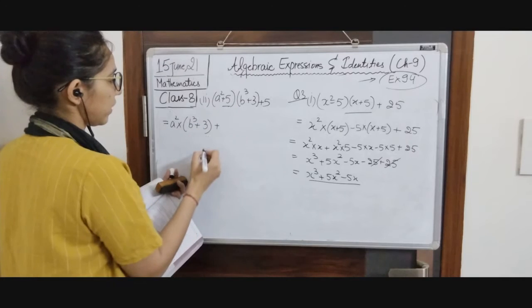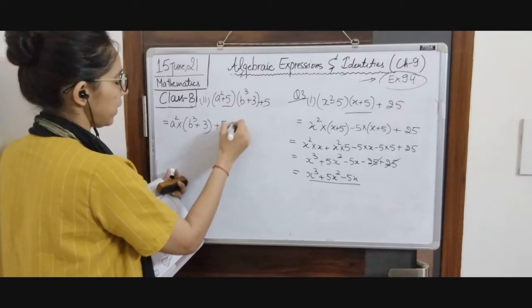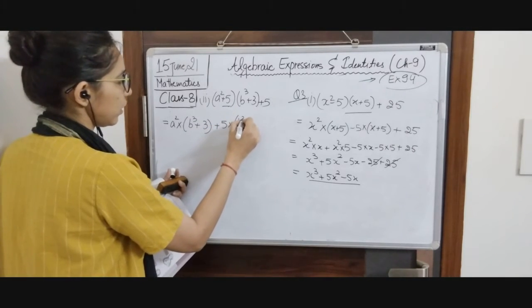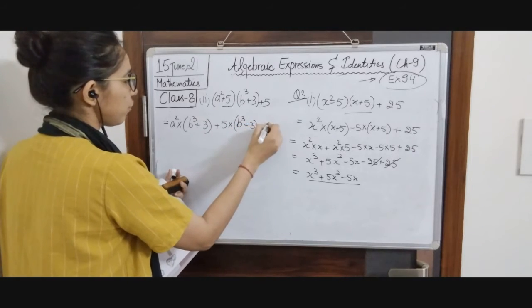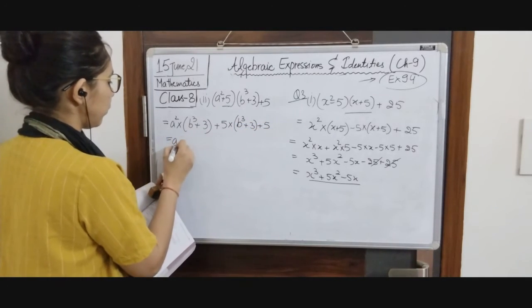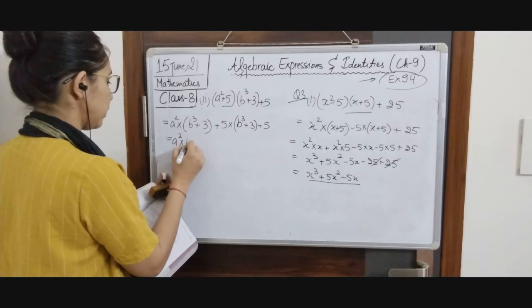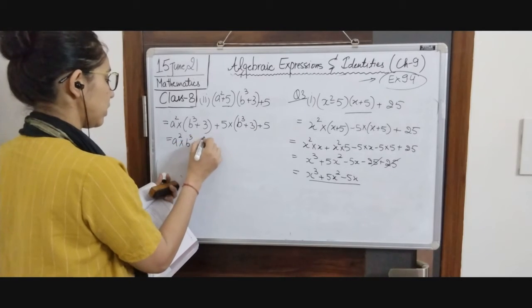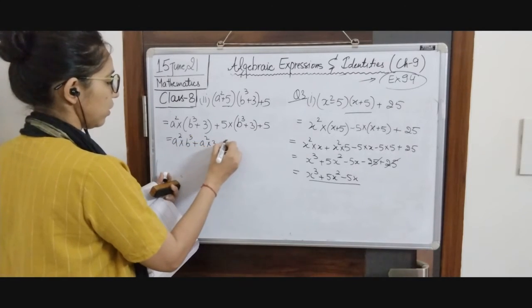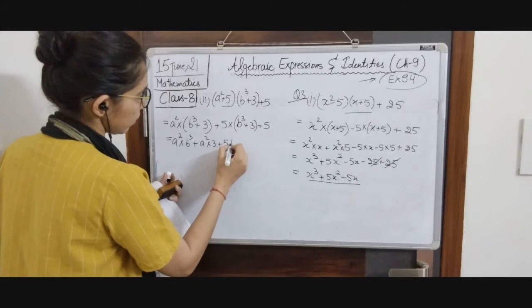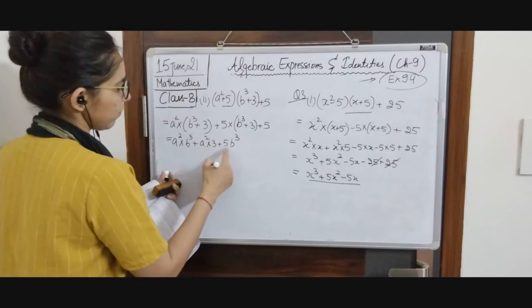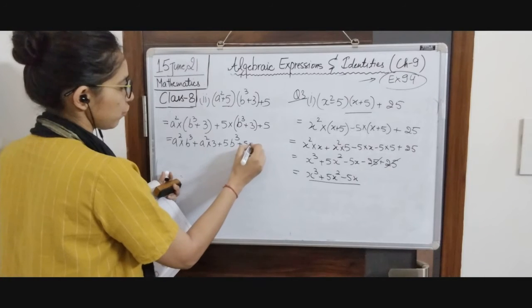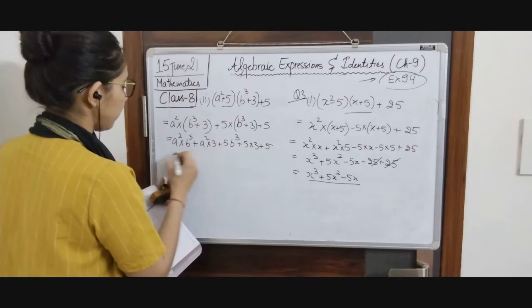Then use the second term of the first binomial, multiply it with the second binomial and add 5. We are going to get a square into b cube plus a square into 3, and in the second product we are going to get 5 into b cube plus 5 into 3, plus 5.